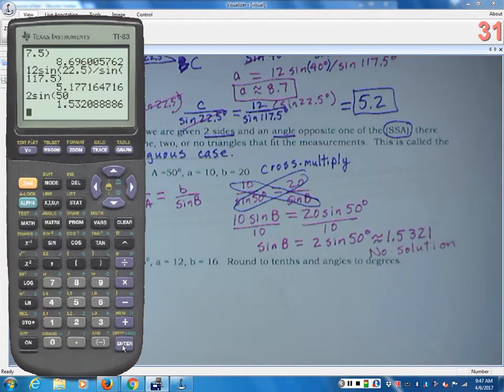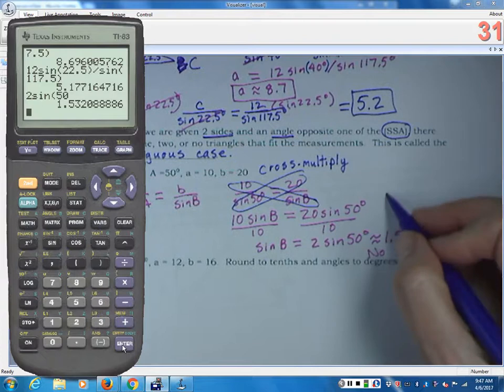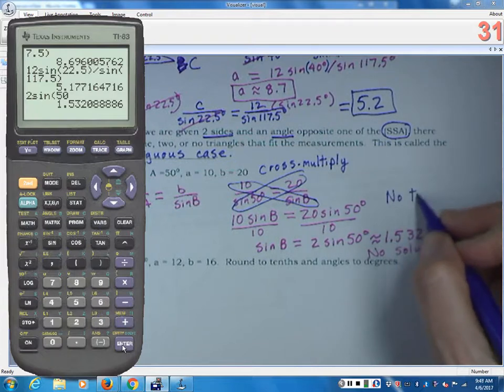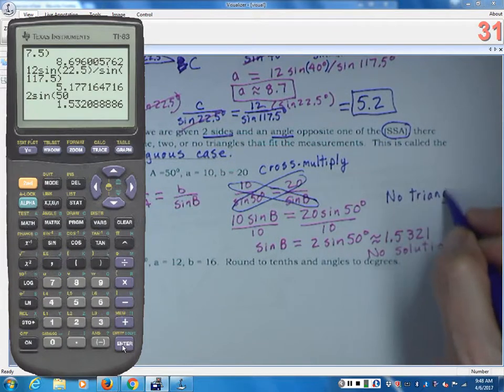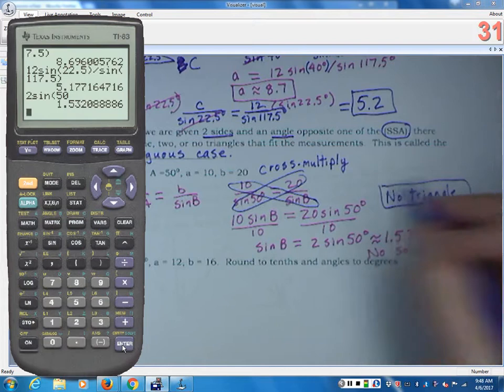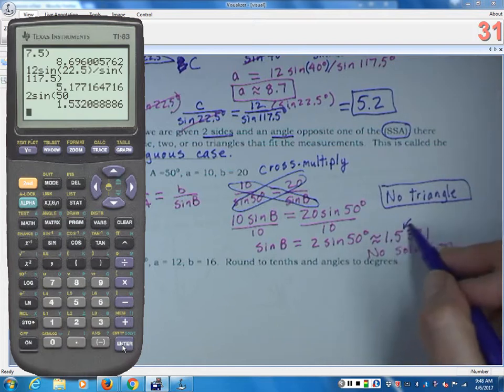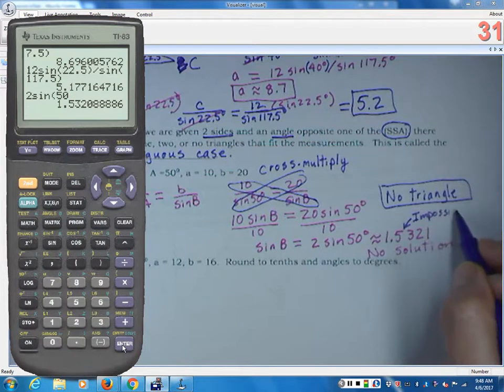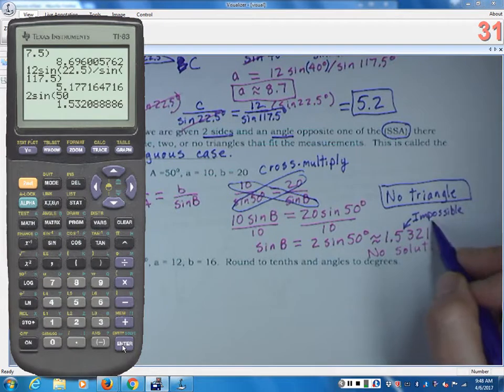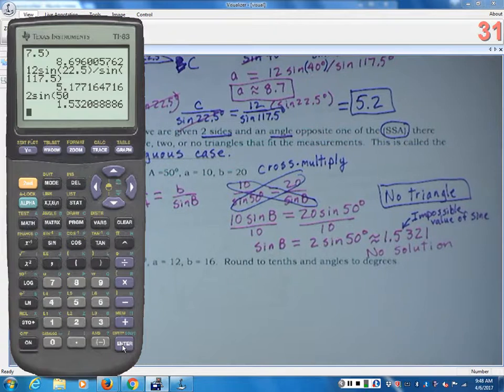You do need to write no solution, and go ahead and write no triangle. So that's a no triangle case. You'll end up with an impossible value of sine. Okay?